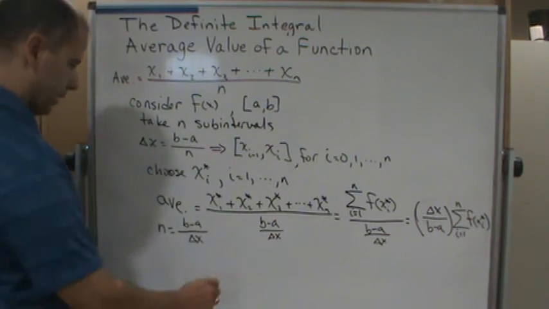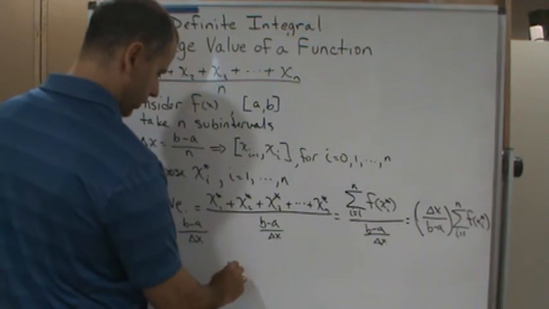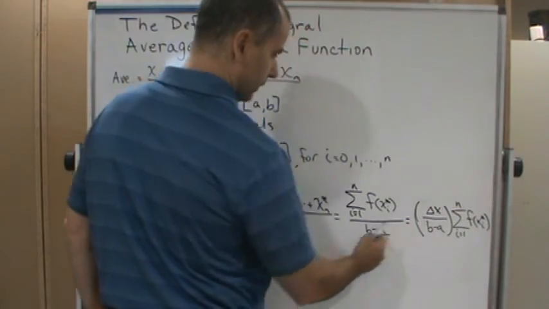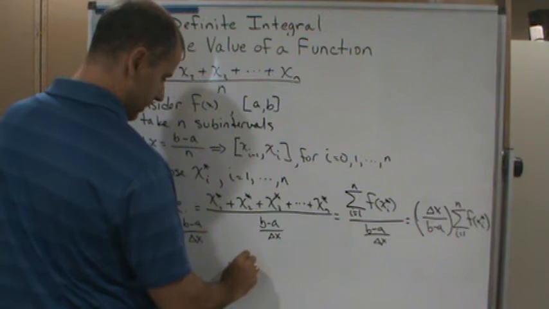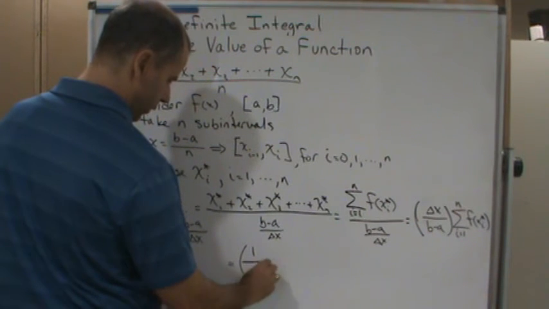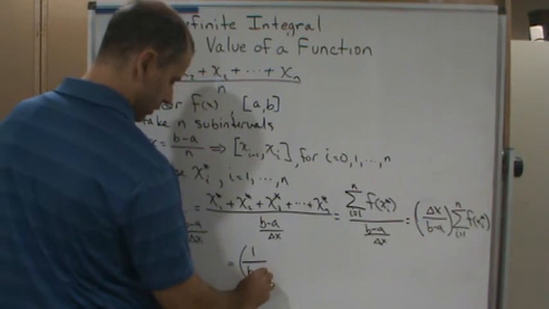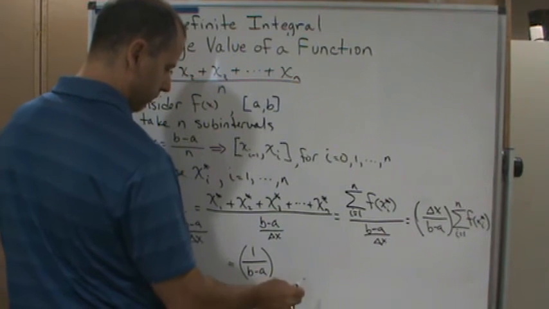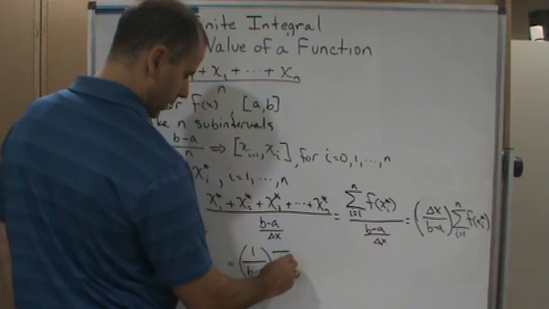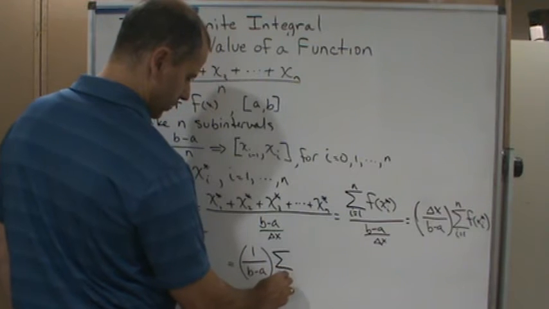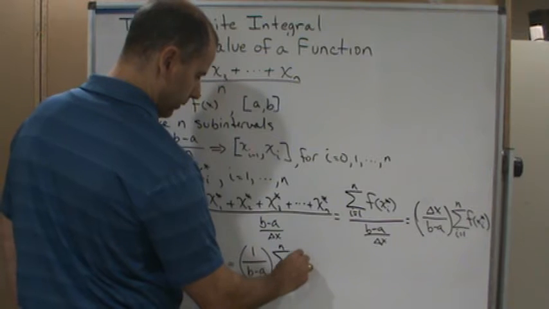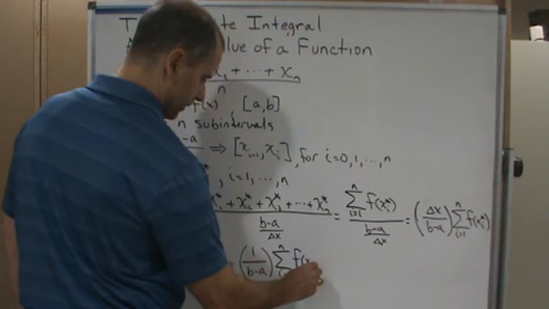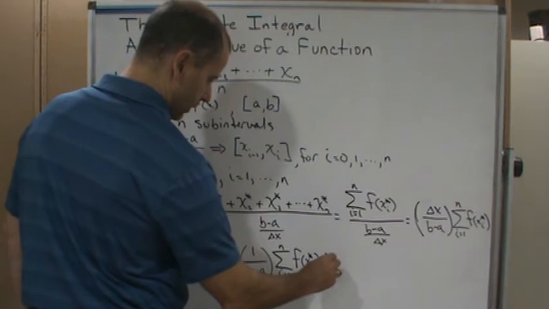And now I'm going to distribute the delta x into the summation. So then this is going to become 1 over b minus a times the summation for i equals 1 to n of f of x sub i star times delta x.